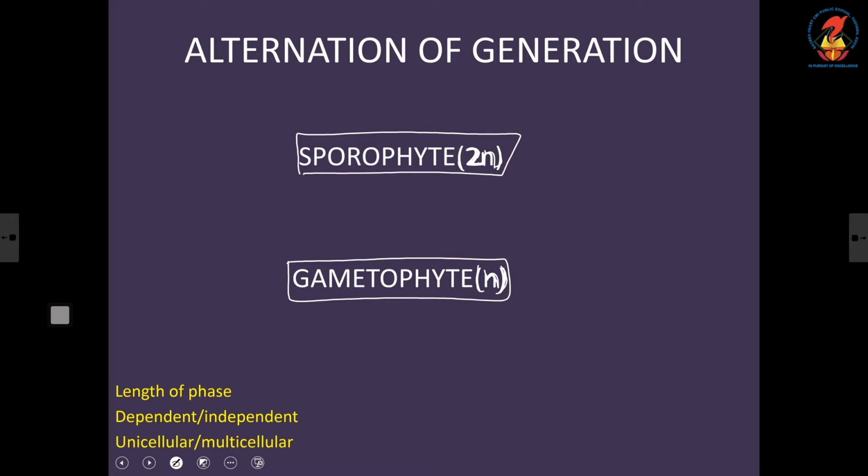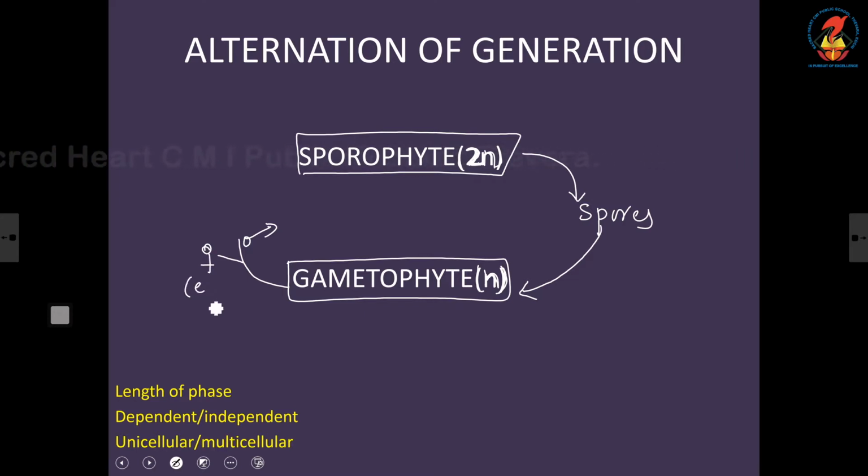They alternate with one another. The sporophyte, as the name suggests, produces spores. And these spores, when they fall on the substratum, germinate into the gametophyte. The gametophyte, as the name suggests, produces 2 gametes, namely the male gamete and the female gamete. The female gamete is the egg and the male gamete is the sperm.